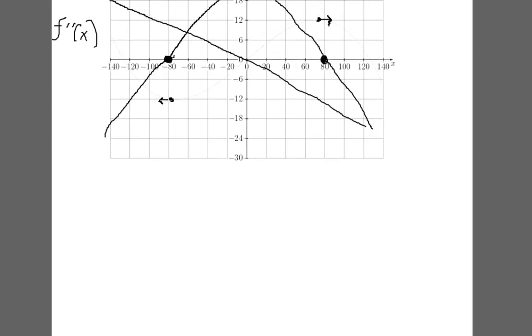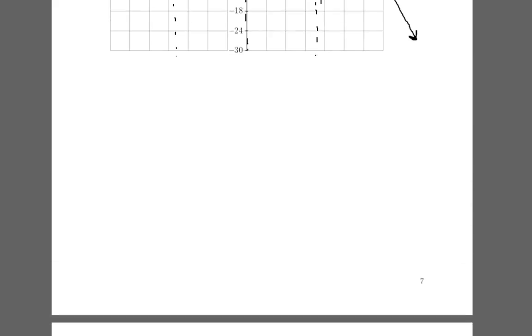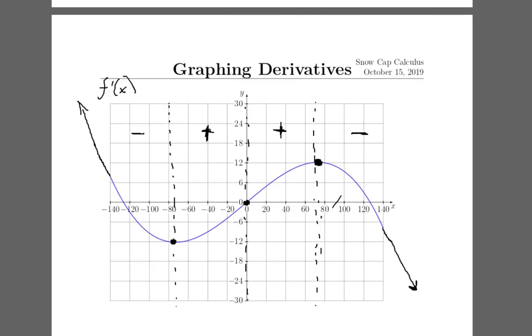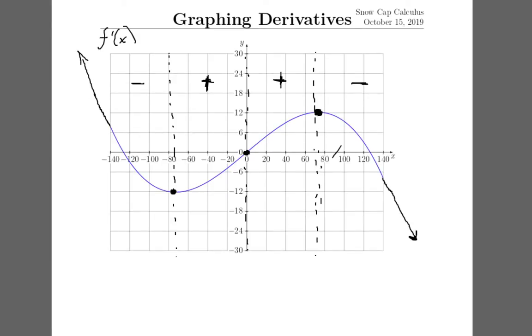And a general good strategy for these is you want to find the critical points, which in this first case we found at negative 80, positive 80, and we had our inflection point where our function changed in concavity. And if you don't have the graph, you want to write out a line graph. This is especially true if you have just a function and you don't actually have the graph.